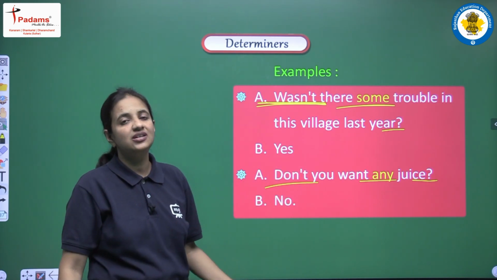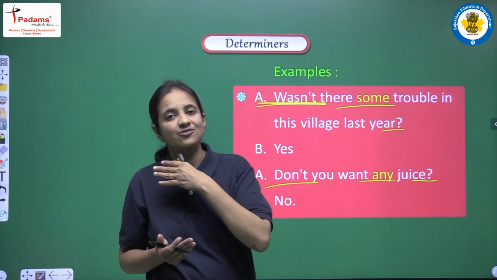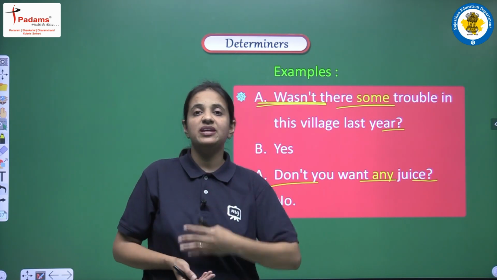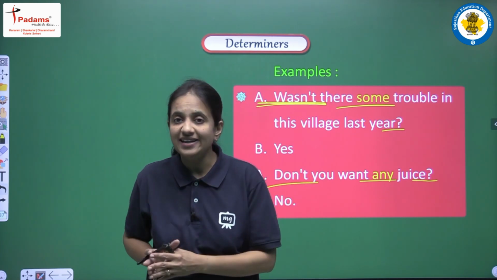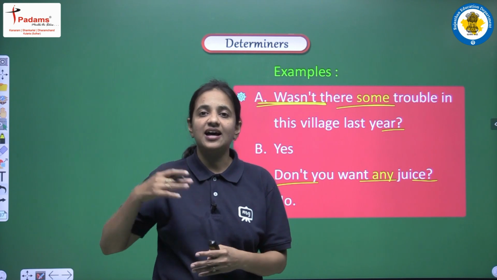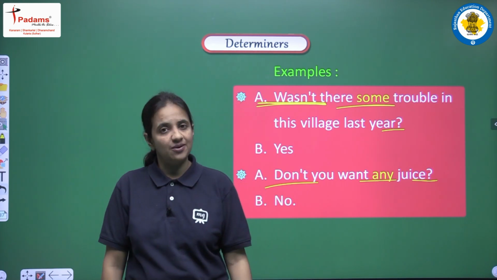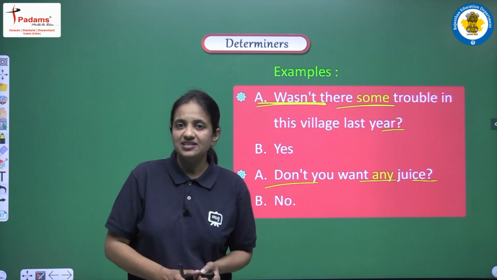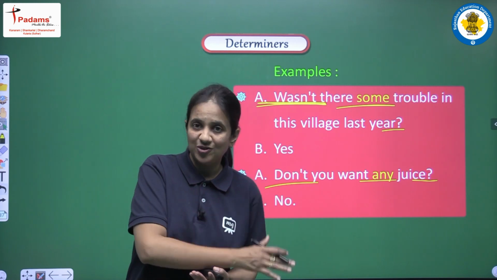Okay, so this is very easy also, we just have to keep in mind that if we are having some, it means the speaker is expecting the answer in yes, and if the speaker is using any, it means he is expecting the answer in no. Right? So these are the different uses of some and any. The basic difference is that some is used in positive sentences and any is used in negative or interrogative sentences.